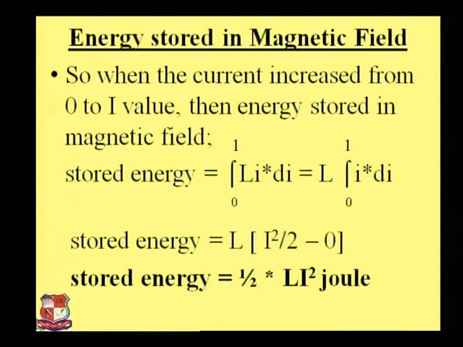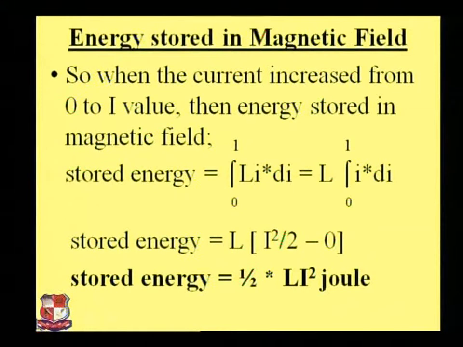Now, as we already discussed earlier, the current is increased at the same rate from 0 to I ampere. So now find the value of the stored energy by taking the integration from 0 to I ampere. Energy stored equals the integration from 0 to I of L I di. L is a constant, so keep it outside the integration.